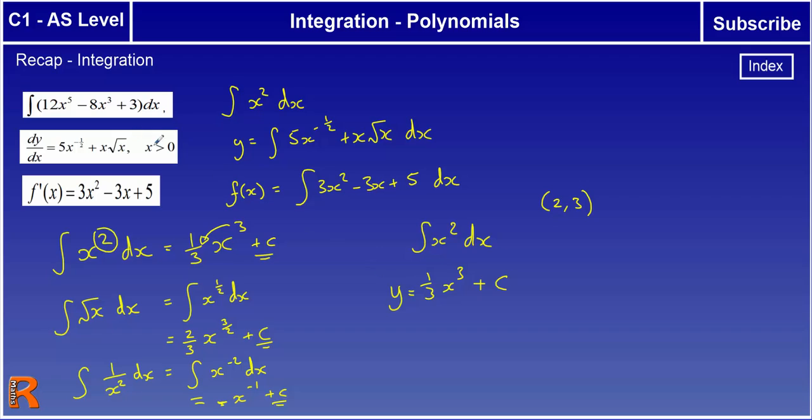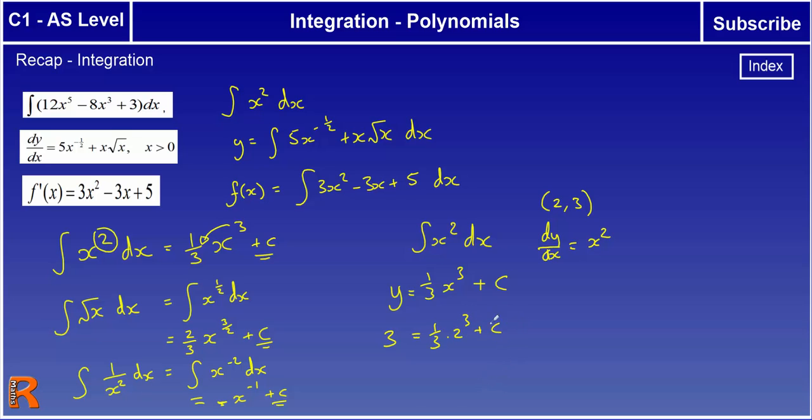And that's usually where this notation comes in. So you're saying dy by dx, the differential of a curve, is equal to x², for example. What is the equation of the curve if it passes through 2, 3? Now this constant can allow this curve to pass through any number. So what we need to do is put these 2 values in for x and y. So we put y is 3, x is 2, so 2 cubed.